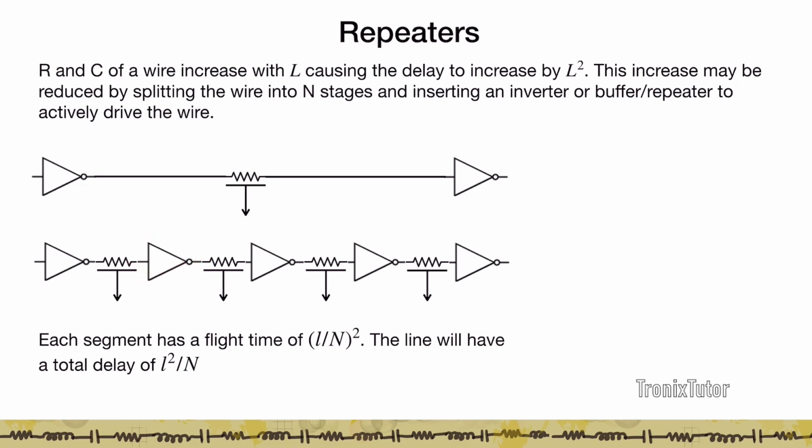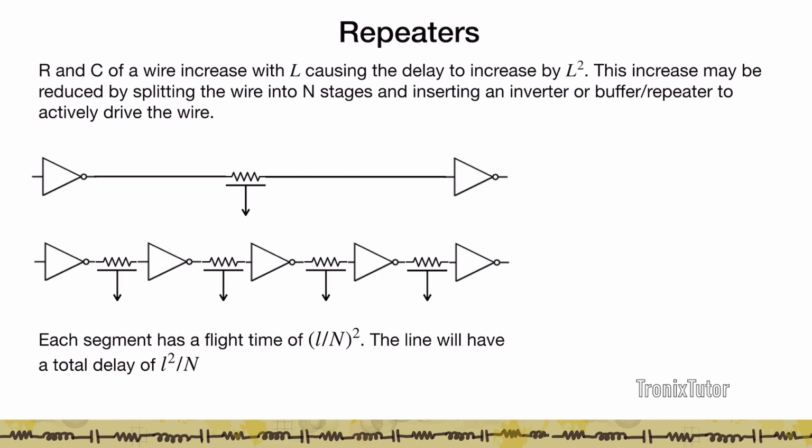The logic behind it is that every segment has a flight time of (L by n) the whole squared. This is repeated n times, so the time of flight of the line reduces to L squared by n. So I can break the square dependence on the length of the wire by breaking it down using repeaters.